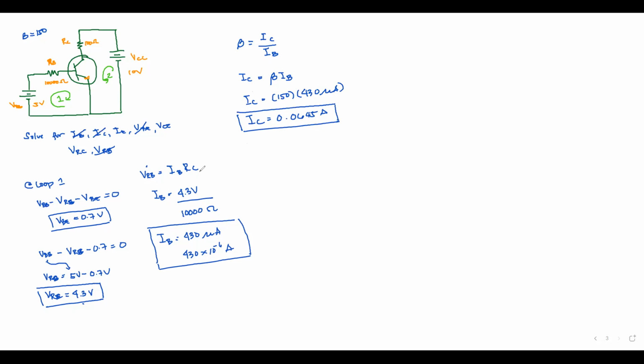Again, KCL will tell me that current entering is equal to current leaving the node. Here is my node, here is where my I sub B goes. My I sub C is here. My I sub E is here. So I could now say that I sub E is equal to I sub B plus I sub C. So this is now equal to 430 times 10 raised to negative 6 amperes plus 0.0645 amperes.